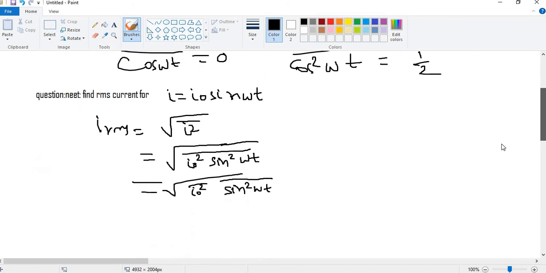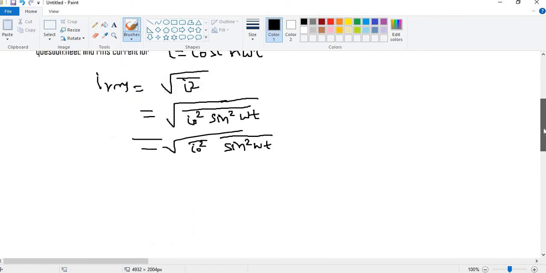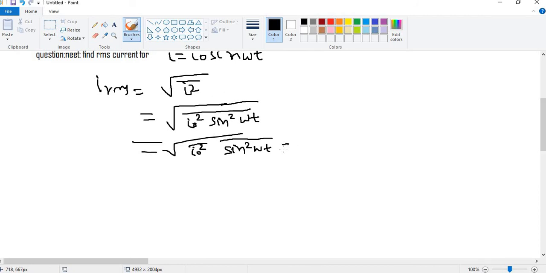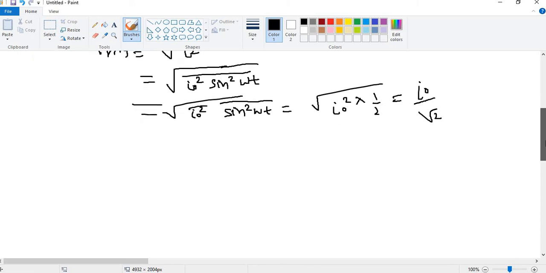So putting 1 by 2 here, it becomes root under I naught square times 1 by 2. The root of I naught square is I naught, so IRMS is I naught by root 2. Hope this is clear, how to do this question.